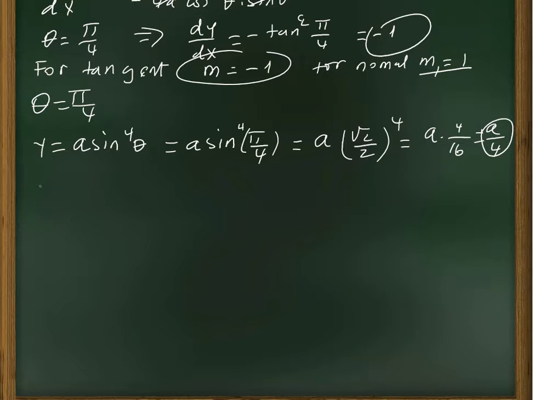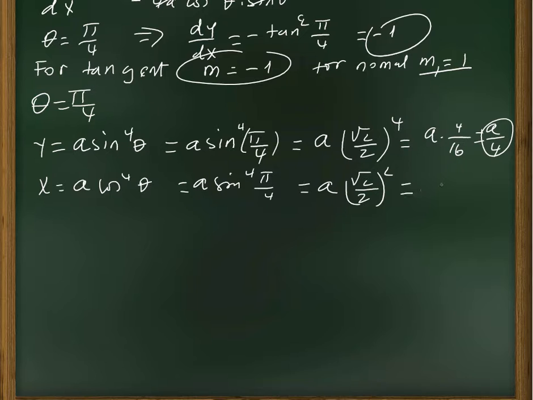The same way for x, you will find the same thing. Remember that at this point, cosine and sine of the angle are the same, so that also makes it a over 4. These are the y0 and the x0.